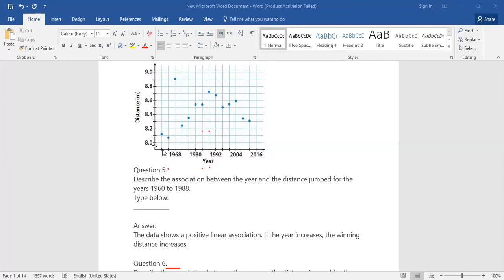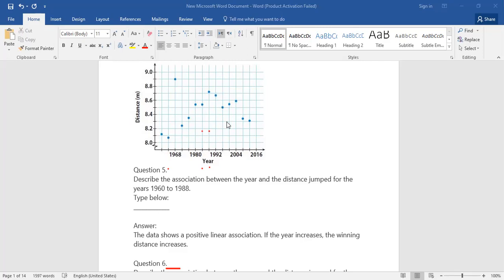From 1960 till 1988, in this period, the data rise, right? And after that, what happened? The data go down, from 1988 to 2012. Therefore, overall, there is no linear pattern in this set of data or in this scatter plot, okay?